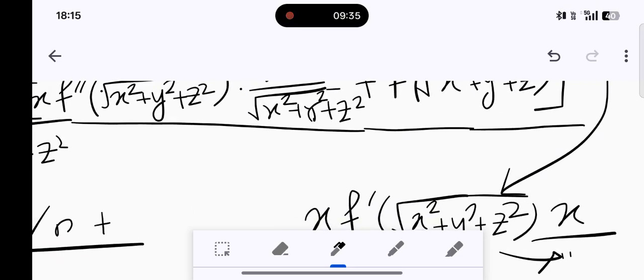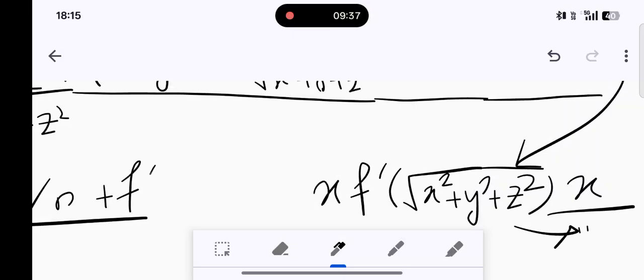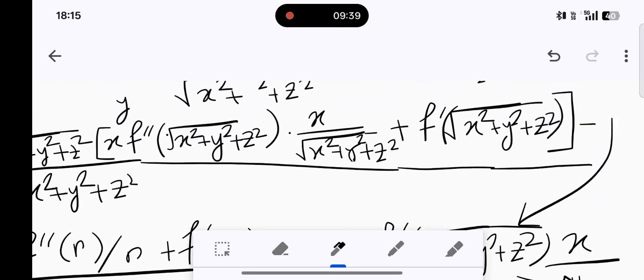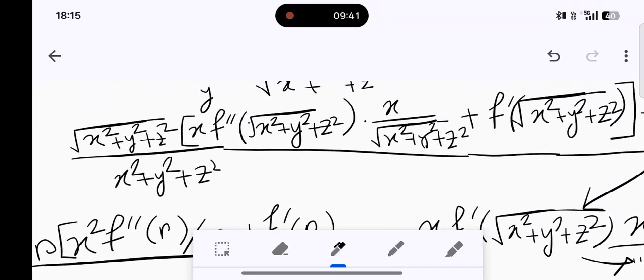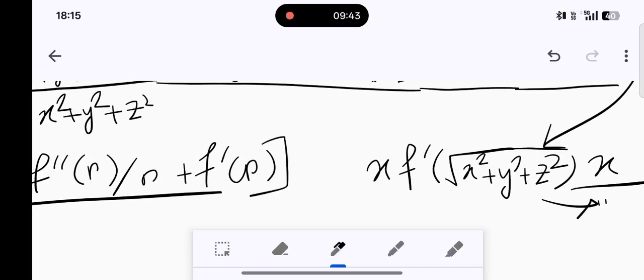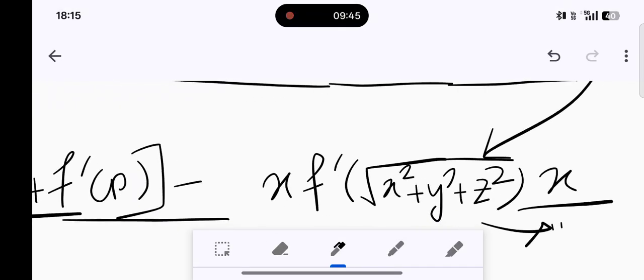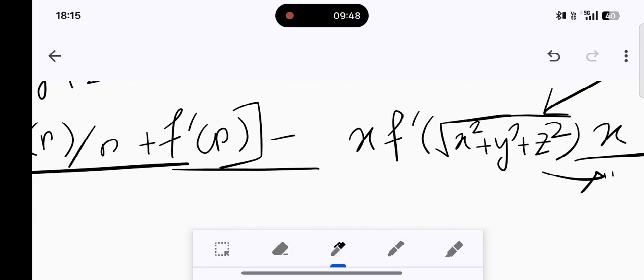Plus this will be f dash r, and this will be minus, wait a moment.